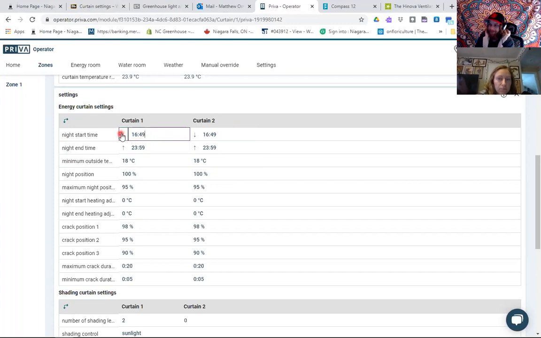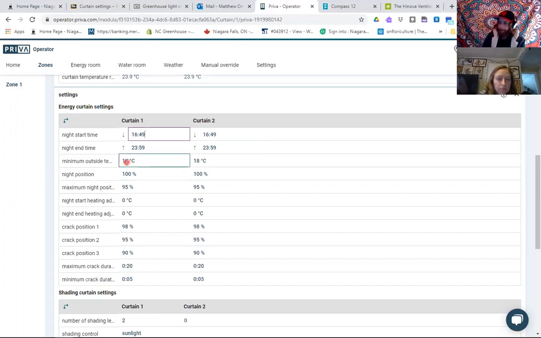So yeah, we're following sundown. So at 10 to 5, every night, the curtains are going to close, and at this point in time, we're going to gain time every day. Night end time: what time do you want the curtains to uncover? We're going to follow sunrise. So curtain 1, curtain 2.